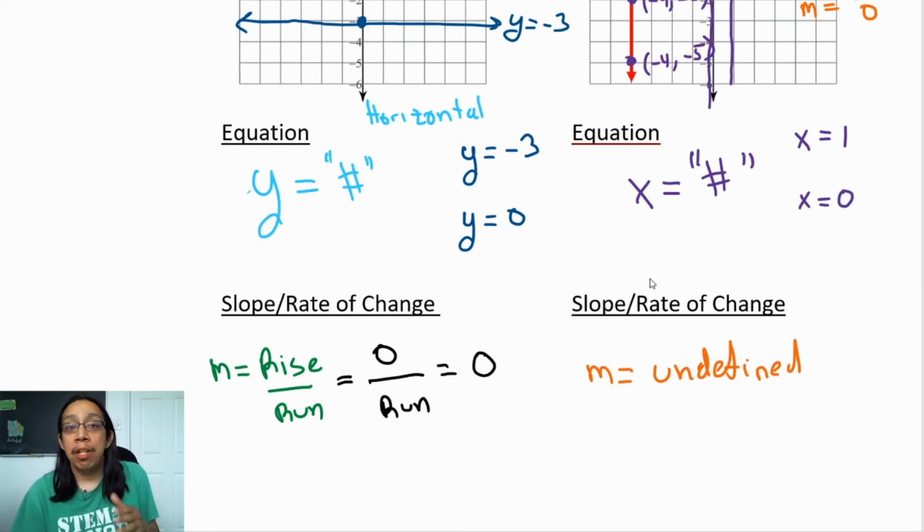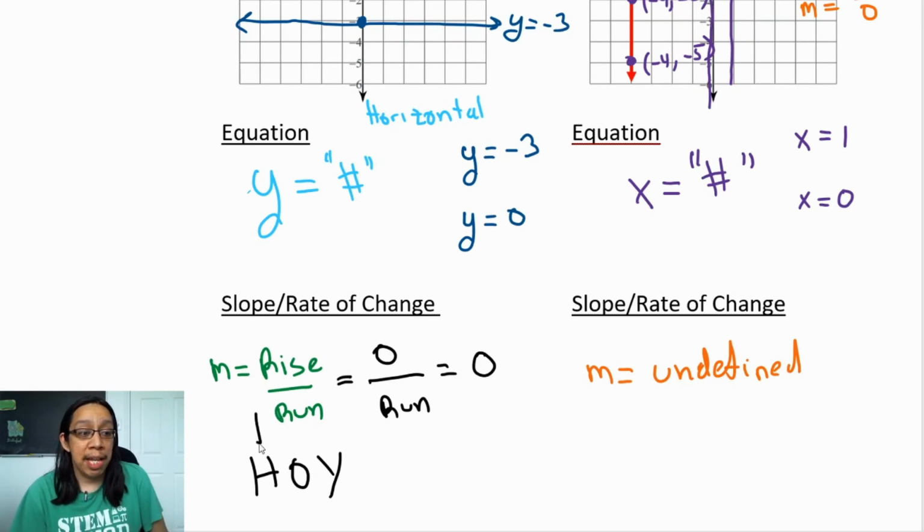Now, these are the basic ideas of horizontal lines and vertical lines, but sometimes it's a lot of information to remember. So here's a very short acronym that I like to use for both the horizontal lines and the vertical lines. So the first acronym is this one, HOY. Think of it like the Spanish word for today. It basically says hoy. So the first letter of this acronym describes what type of line you're working with.